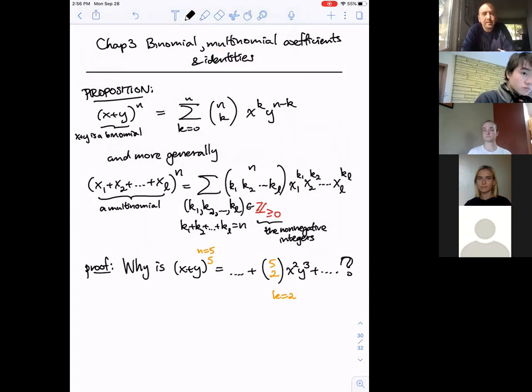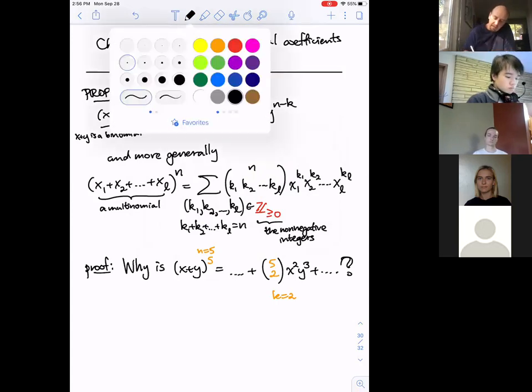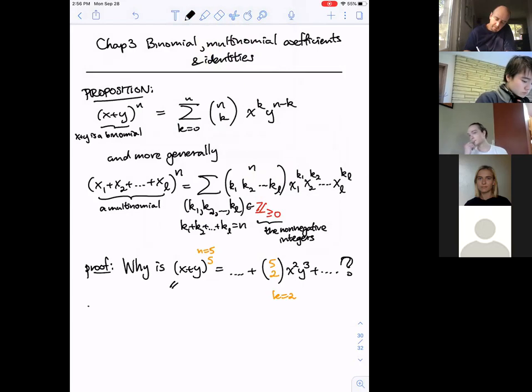Okay, so let's try and understand that. The point is, you just think about writing this thing out as 5 parentheses that have been multiplied together.